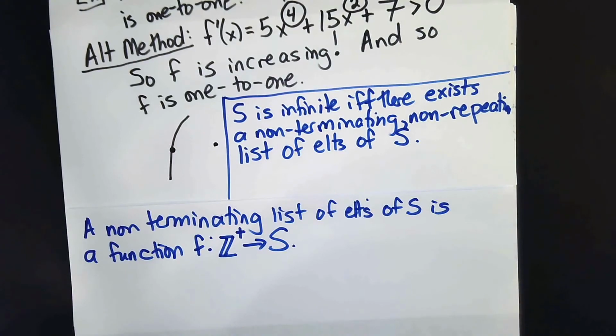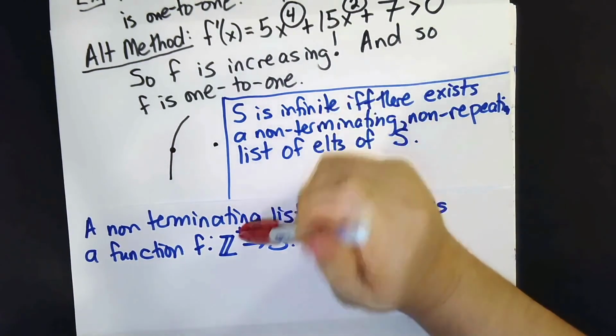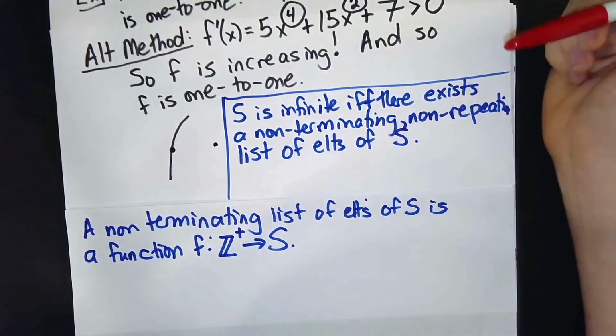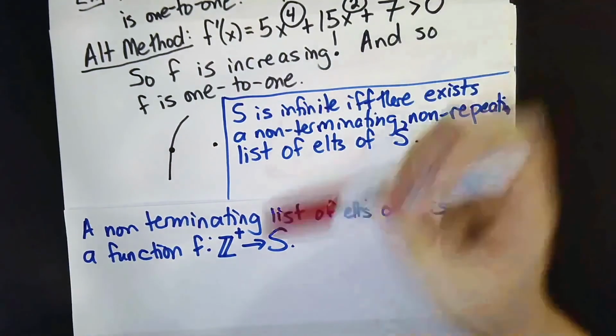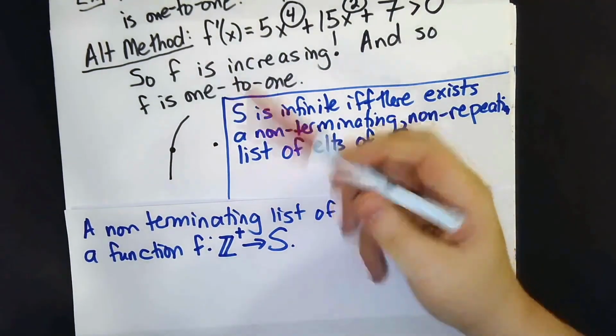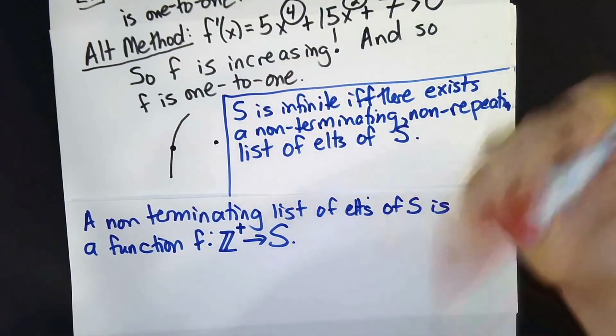You can think of a non-terminating list as really just being a function from the positive integers to your set. So if I have a non-terminating list of elements of S, well, I've written down a first one, send 1 there, a second one, a third one, a fourth one, and it goes on forever.